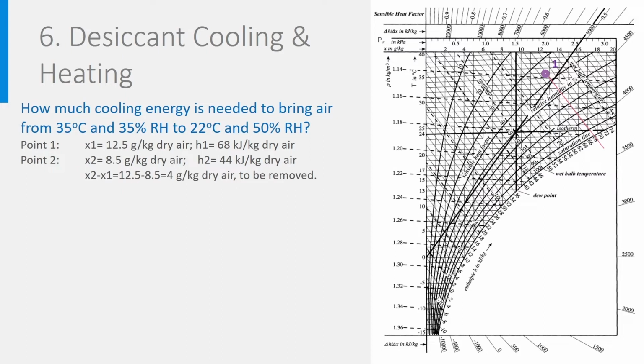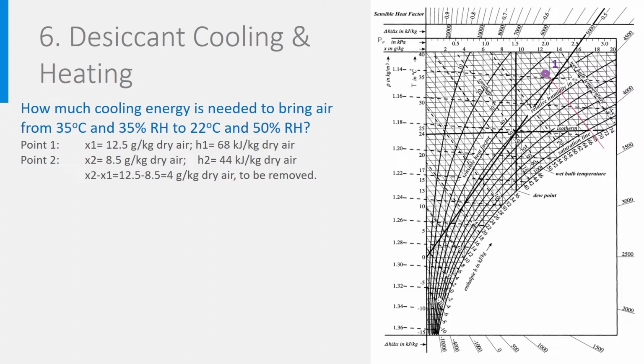Let's go back to the cooling of warm air. What if we now also want to control the humidity and make sure the air at 22 degrees has a relative humidity of 50%? We start again from point 1 at 30 degrees, 35% relative humidity, and absolute humidity 12.5 gram per kilogram dry air.